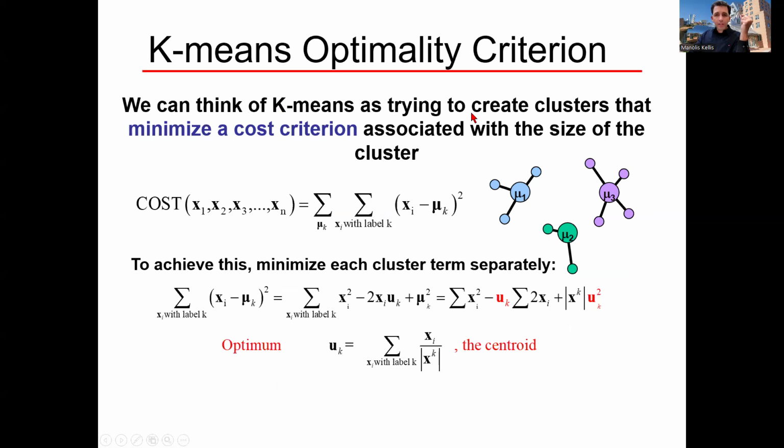Now, you can think of k-means as trying to create clusters that minimize a cost criterion associated with the size of the cluster. You can say that the cost of inferring some structure to all of these points is simply the sum over all centroids or clusters of the sum over all points in every cluster of the total distance.